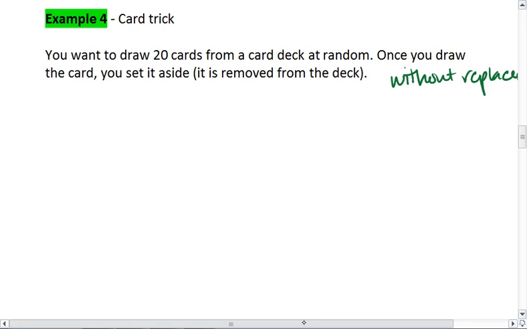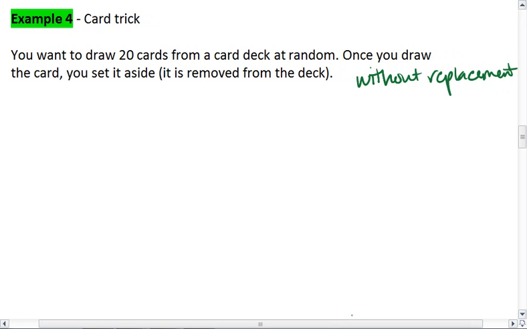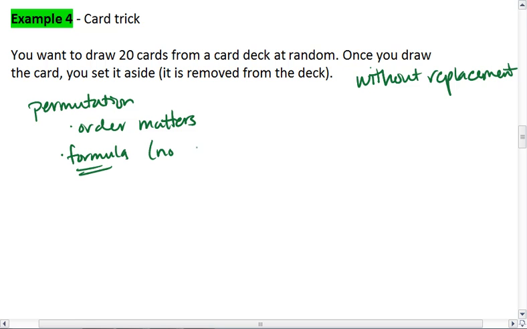Okay. How many different 20 card sets can you get? This is a permutation problem because order matters, and we can use the formula since no repetitions are allowed.